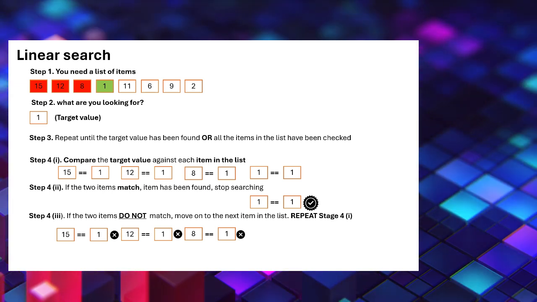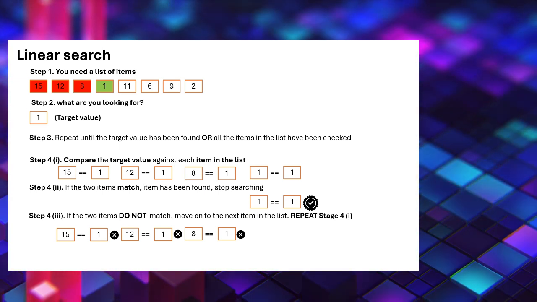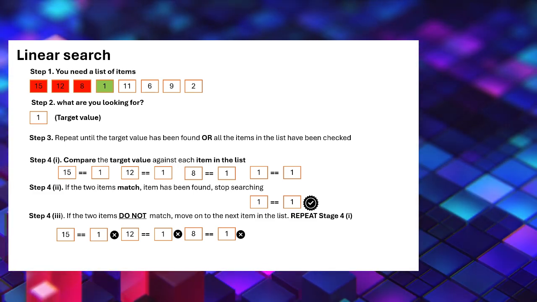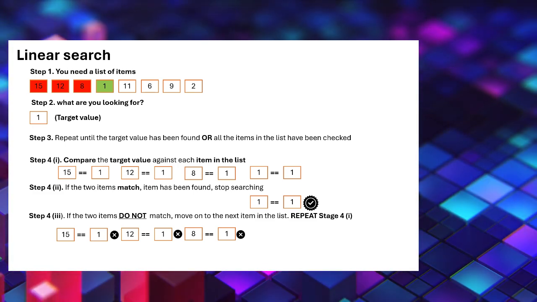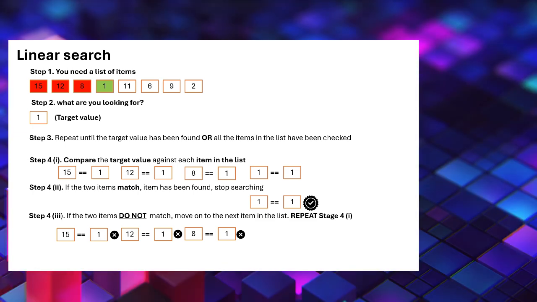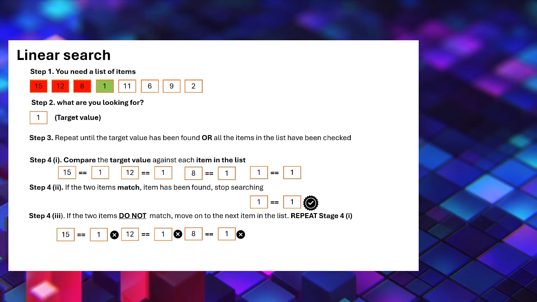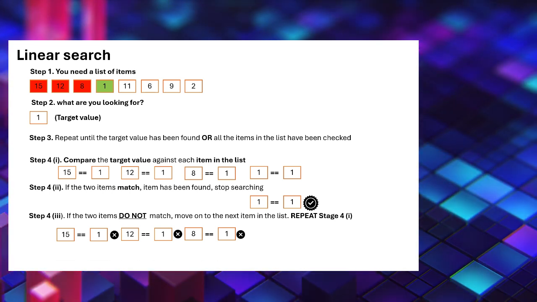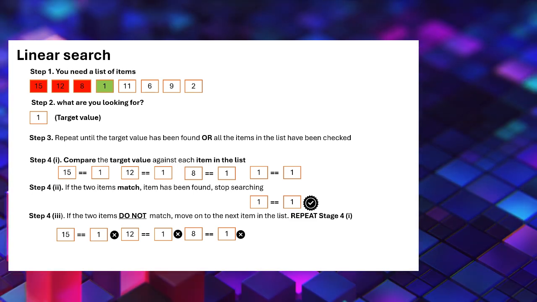You use selection to compare the two pieces of data, the target data against the element or item in that list or array. Remember, selection is the use of if.